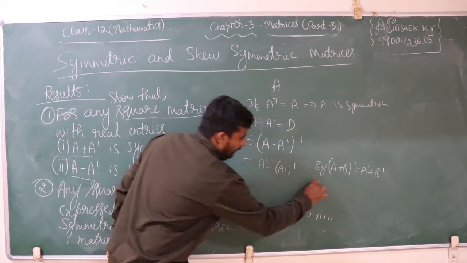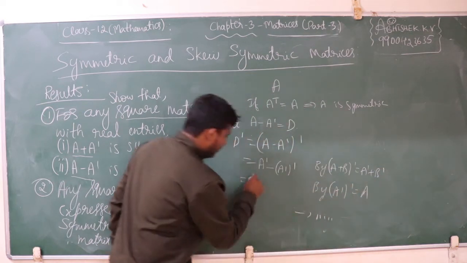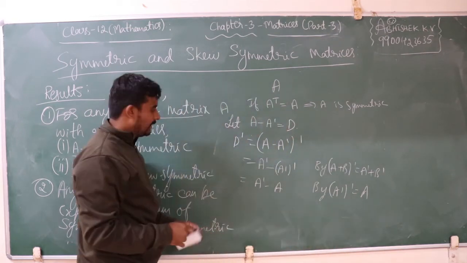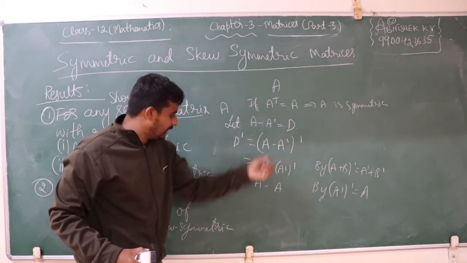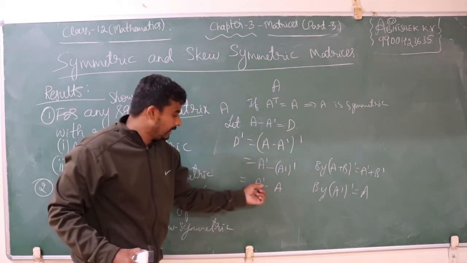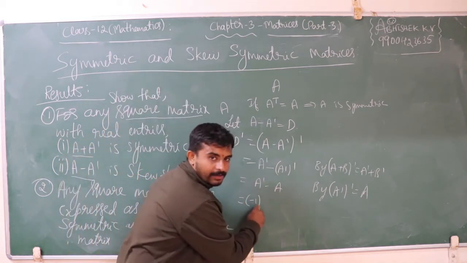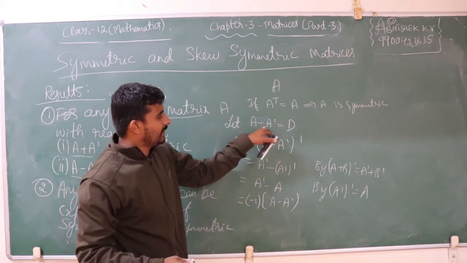By A transpose whole transpose is equal to A, this is A transpose minus A. Is it equal to D? A minus A transpose is D, but A transpose minus A, take minus common, then it becomes A minus A transpose, which is D.